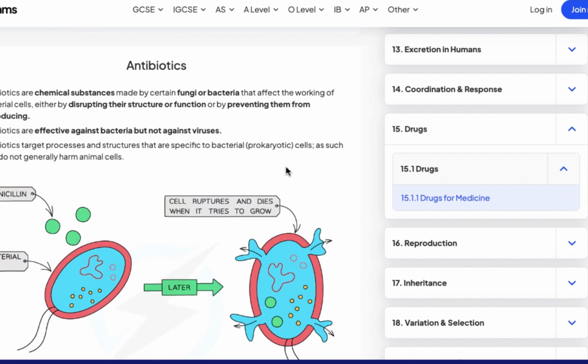Now let's quickly harmonize these antibiotics. We say antibiotics are chemical substances that are made by certain fungi or bacteria. Most of the diseases, the sickness we have, are caused by bacteria in our food, bacteria that have found their way into our body system, or fungi that have found their way into our body system.